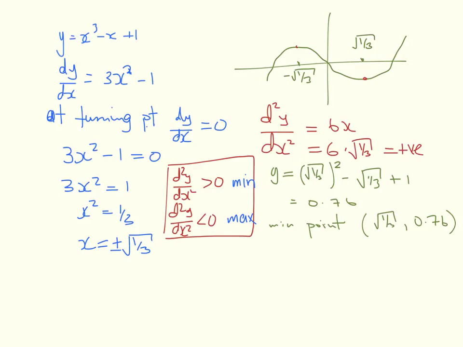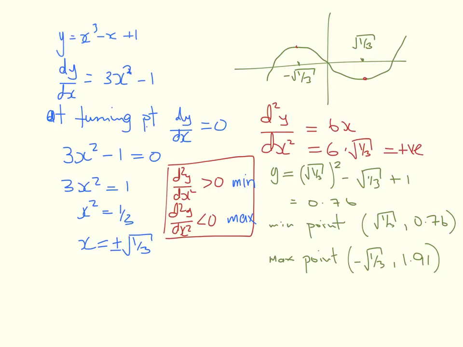Okay, and we can do the exact same thing to find out what the maximum point is, which will be, so this is my maximum point, that's going to be minus root a third and 1.91. Okay, and that ends that problem. We've found the maximum and the minimum point.